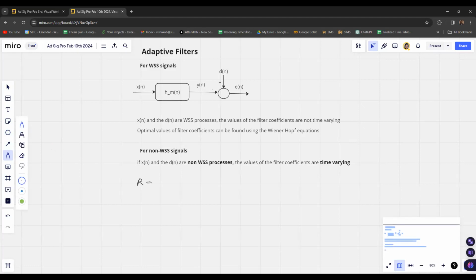Inside the matrix, I will have components of the autocorrelation values at each time instance. So I will denote this as Rx.